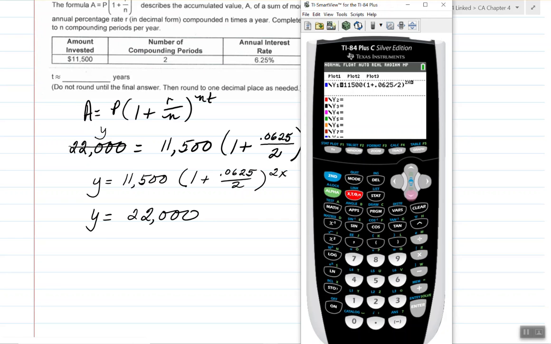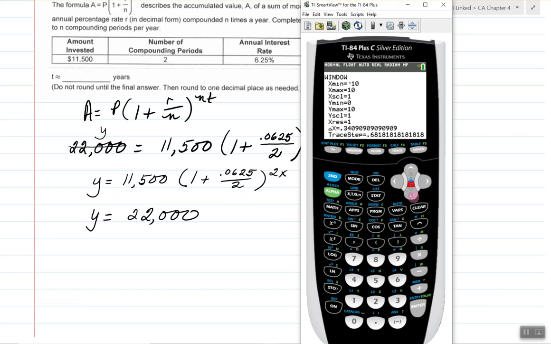All right, that's my function. And then I want to know for what x value, which is time, will I get $22,000. Now the hard part here is going to be my window. My time is my x. I don't know if I'm going to go out to 80 years. I really don't think I will. I think I'll start out with 10.